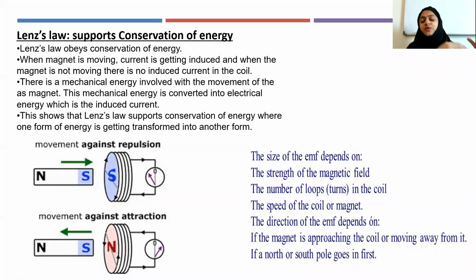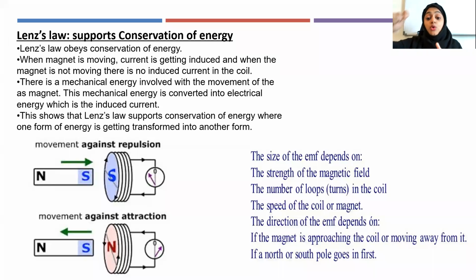So from Faraday's law and Lenz's law, we can finalize that the amount of EMF depends upon the strength of the magnetic field because phi is equal to AB cos theta. So it depends upon the strength of the magnetic field, that is B. It depends upon the number of turns or loops in the coil because EMF E is equal to minus n d phi by dt if there are n number of turns.